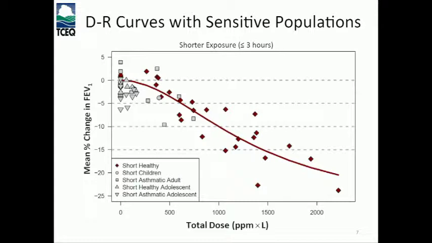The triangles are adolescents, so these are between the ages of 11 and 16. It's a bit more difficult to interpret with that group because the doses were very low for these experiments, very short experiments, and they don't actually show a dose response curve within those exposures. The most severe FEV1 decrements were to filtered air.